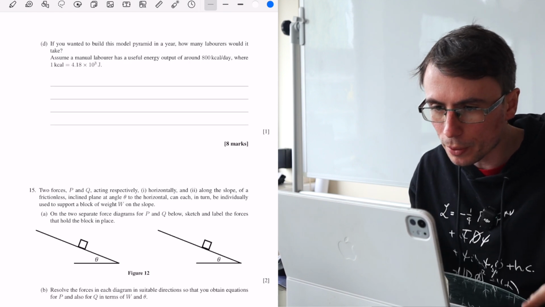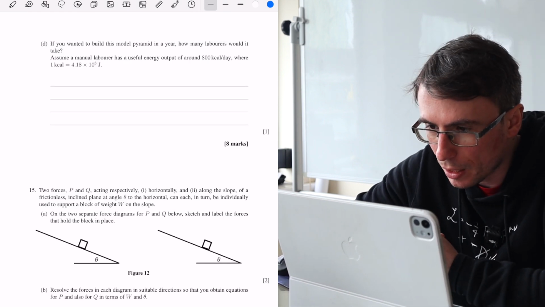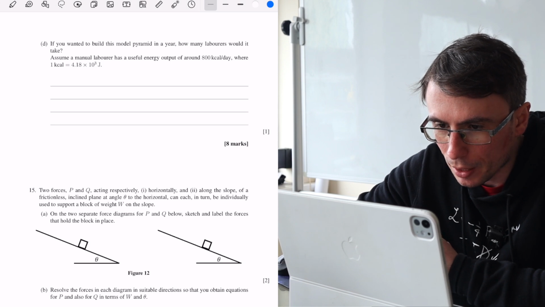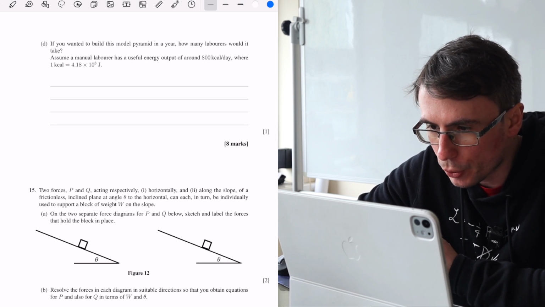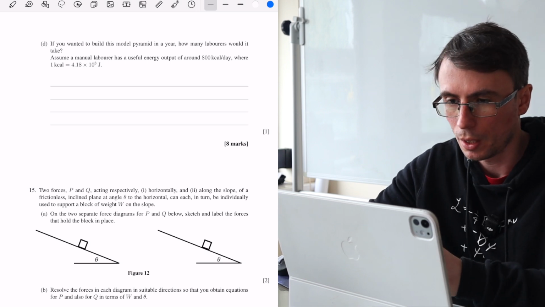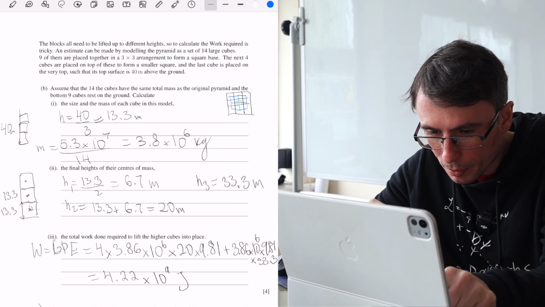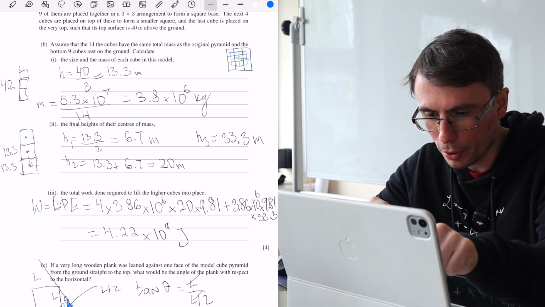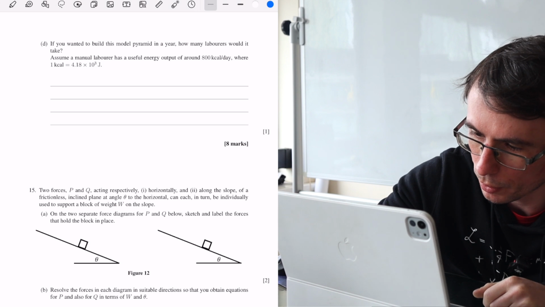Okay, if you wanted to build this model pyramid in a year, how many laborers would it take? Assume a manual laborer has a useful energy output of 800 kilocalories a day, where 1 kilocalorie is this many joules. So we require the total work done to be 4.22 times 10 to the power of 9 joules.